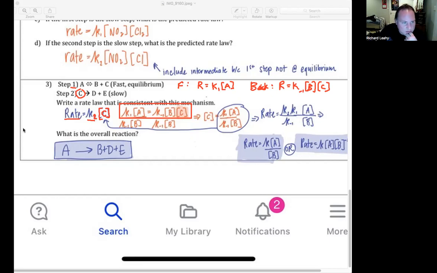So you divide by this K-1 B, it cancels, so we see this go away here, and it says C equals this fraction. Okay, agreed. You can see that over here.